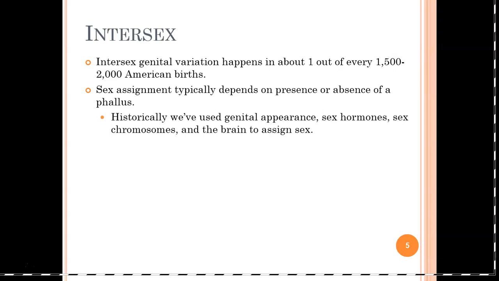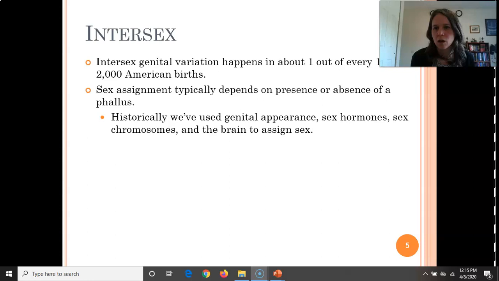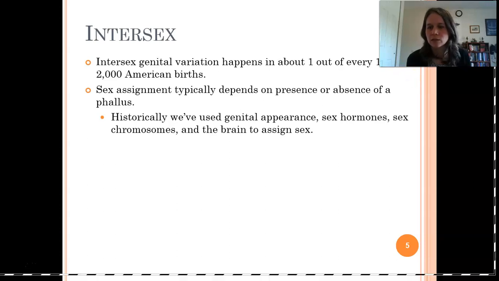But when we think historically, we've actually seen different ways that we've assigned sex, either through genital appearance, sex hormones, sex chromosomes, or the brain. I'll pop back into the screen here since you've seen that number already.